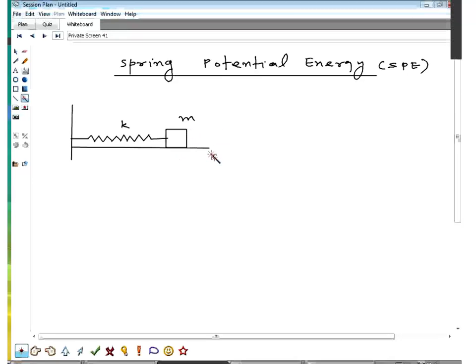And then you have some elongation X. Consider spring as your system. That is the system boundary.